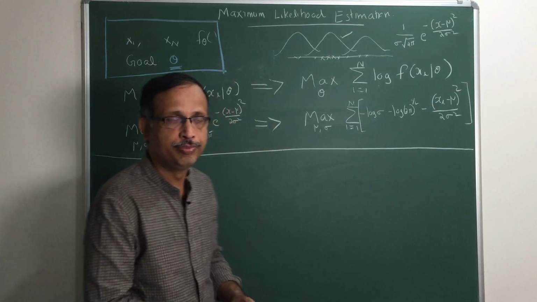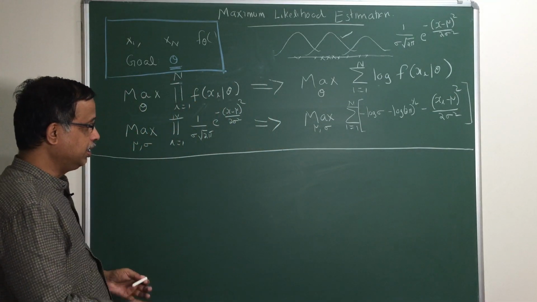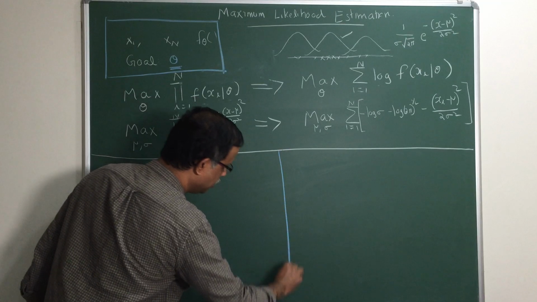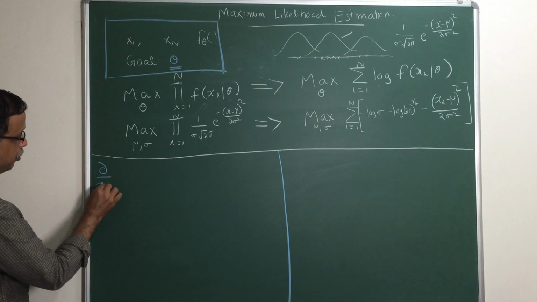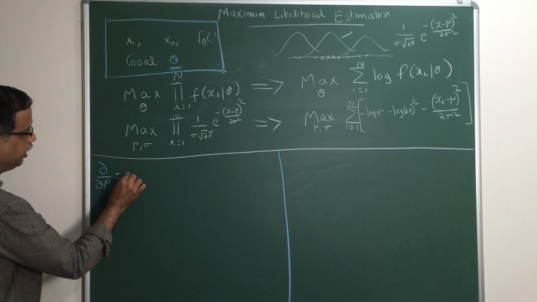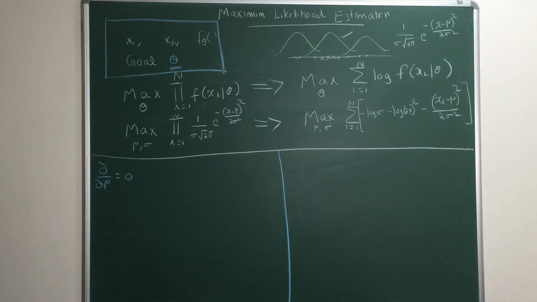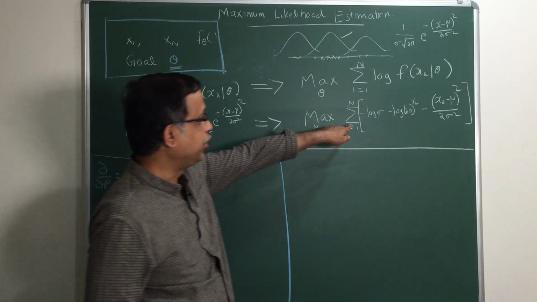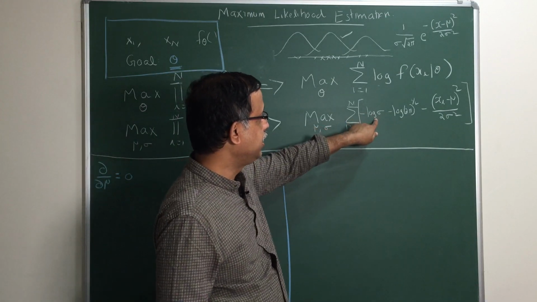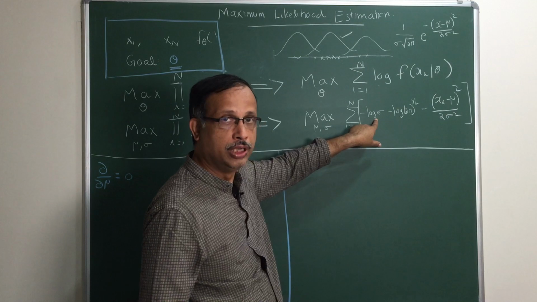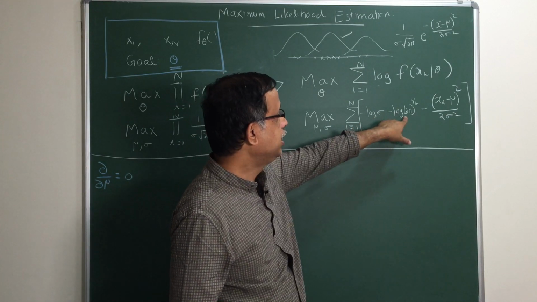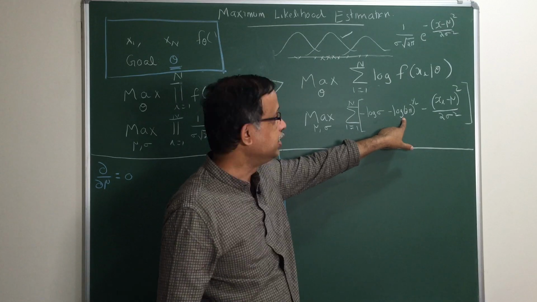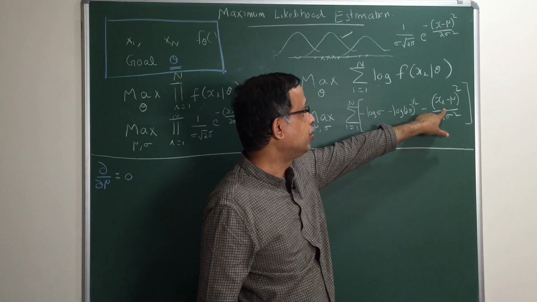How do we do that? We use our familiar trick of differentiating with respect to mu and equating to 0. If you differentiate this with respect to mu, this is independent of mu, this disappears. This is independent of mu, this disappears. What is left out is only this term.